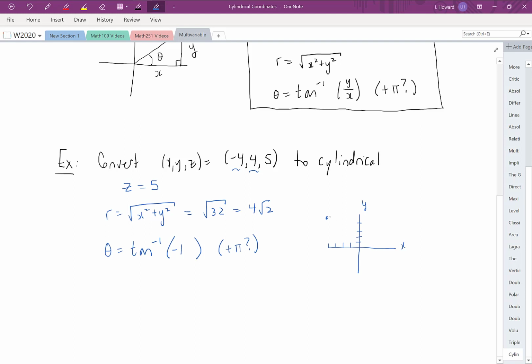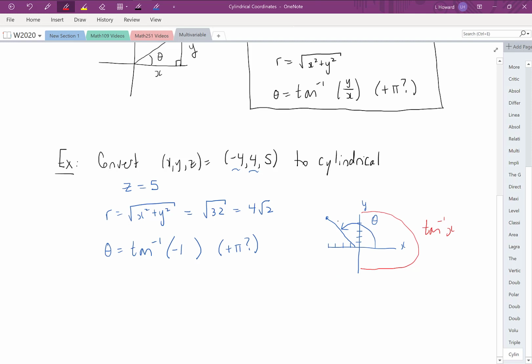So we're trying to describe this angle here. So there's our theta. When you put a value into arctan, arctan is returning to you an angle somewhere between -pi/2 and pi/2. So the arctan function is just not able to give angles in quadrant 2 or quadrant 3.